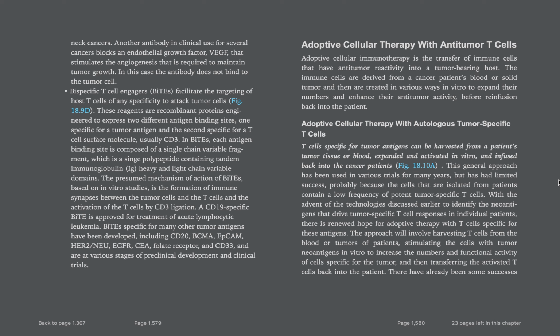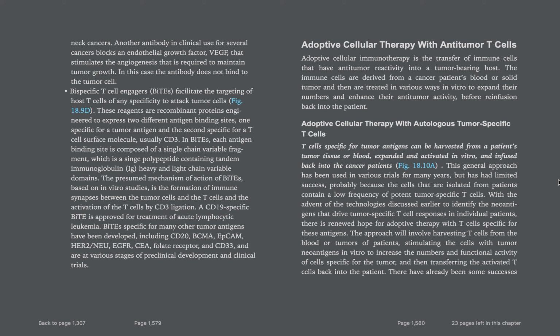These reagents are recombinant proteins engineered to express two different antigen binding sites, one specific for tumor antigen and the second specific for a T cell surface molecule, usually CD3. In BiTEs, each antigen binding site is composed of a single chain variable fragment, which is a single polypeptide containing tandem immunoglobulin heavy and light chain variable domains.